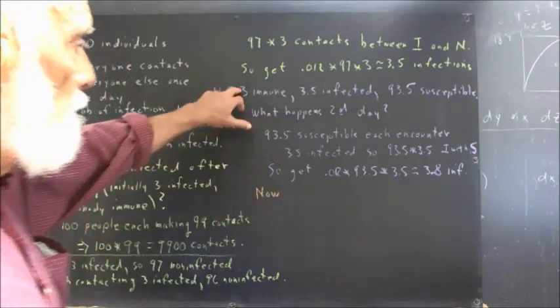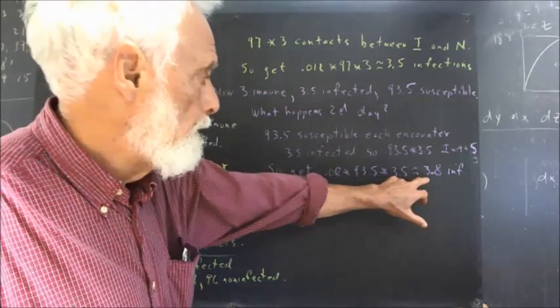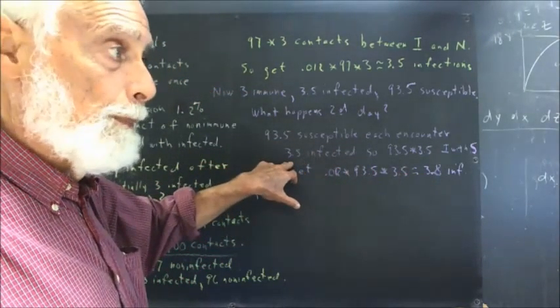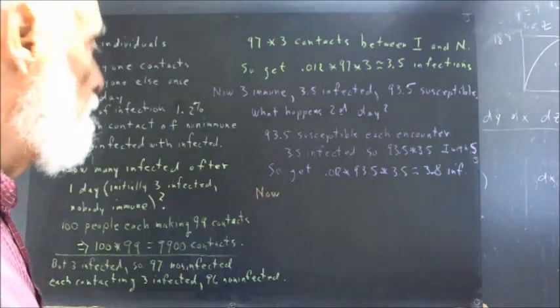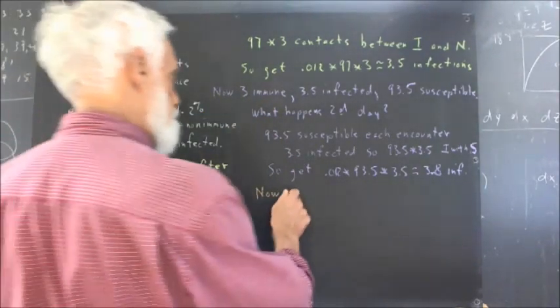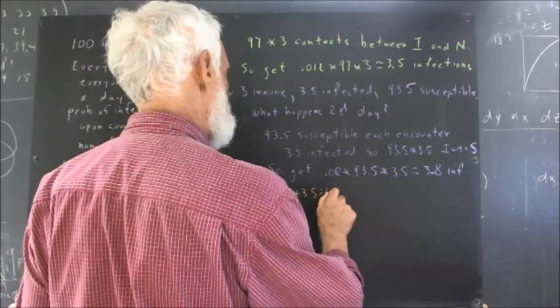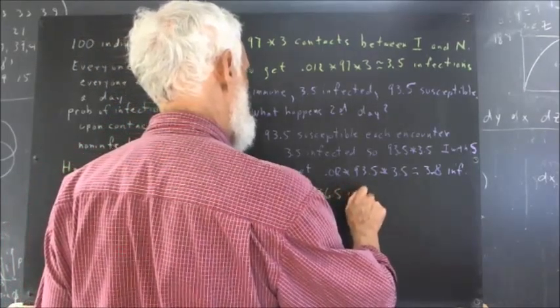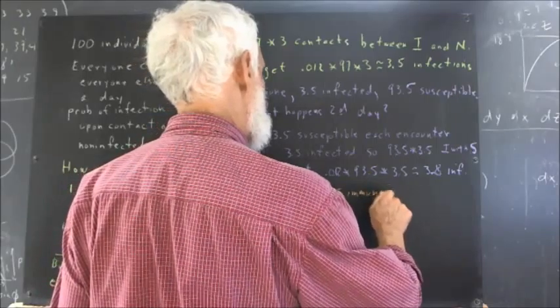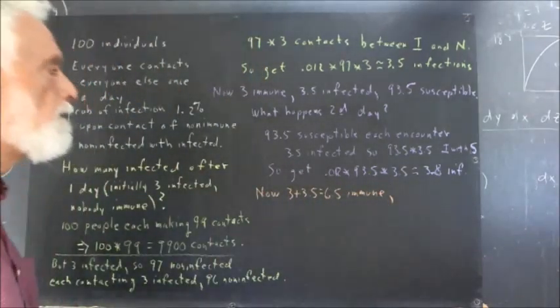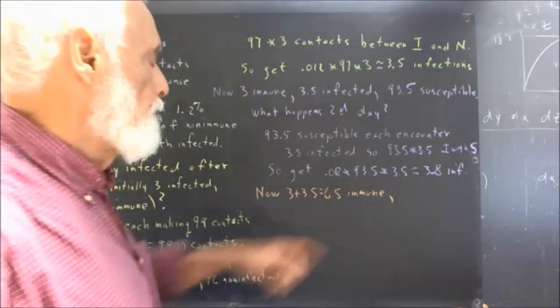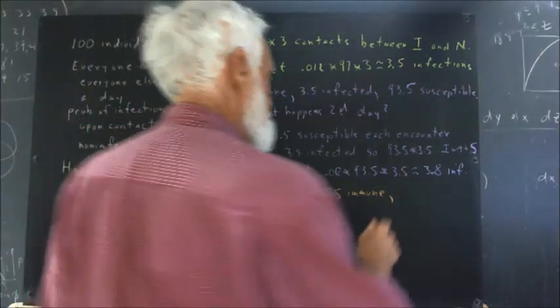Well, we have 3 immune, and now the 3.5 who were infected are immune. So now we have 3 plus 3.5 equals 6.5 immune. We have 3.8 infected.